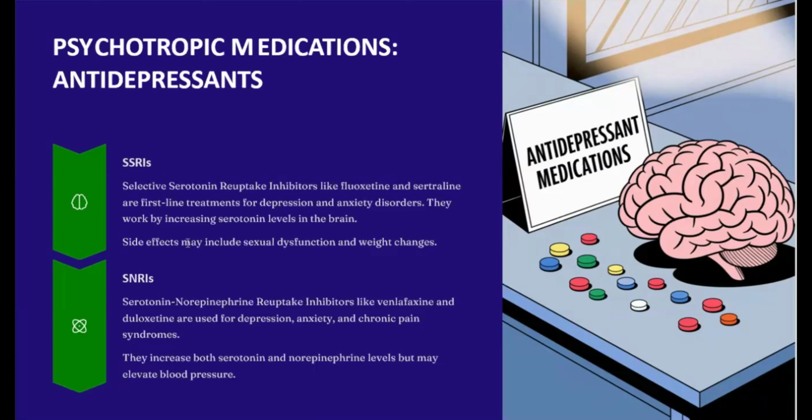SSRI causes serotonin syndrome if you combine it with some medication or herbal supplement, like MAOIs or TCAs. We talked about all these things in mental health. So remember the serotonin syndrome, SSRI can cause that.